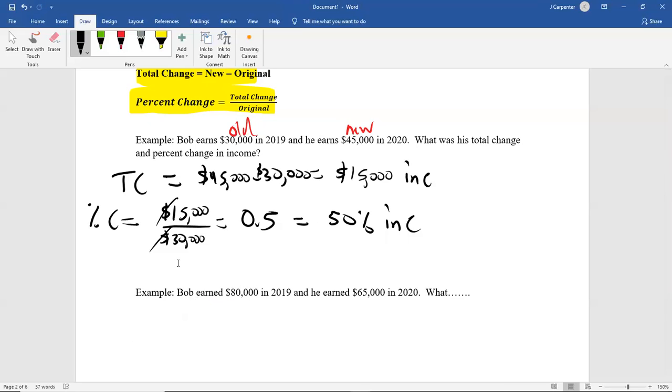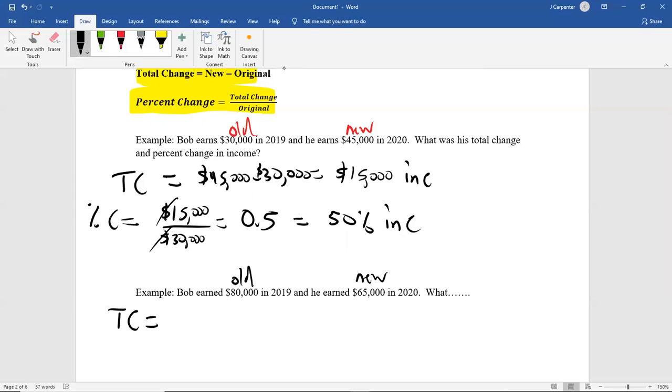All right. So our total change is going to be the old minus the new, right? Inflection in voice? No, it's still up here. New minus old. The newest thing minus the oldest thing. So the new, well, that's the 80,000. No, 2019, the larger number was actually the old, and the smaller number was the new.